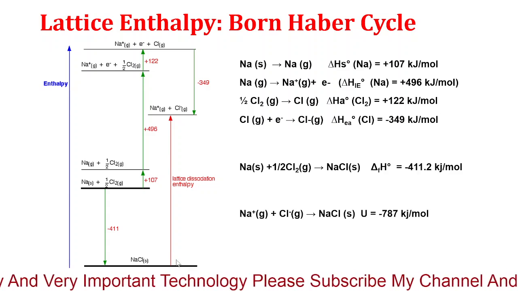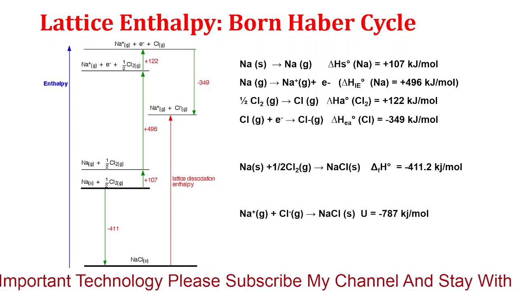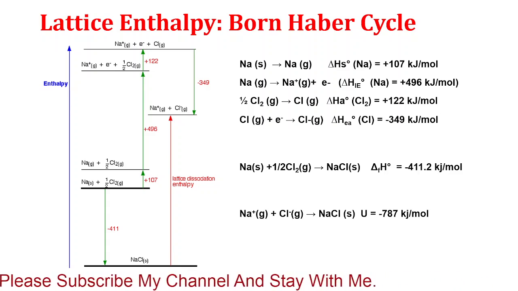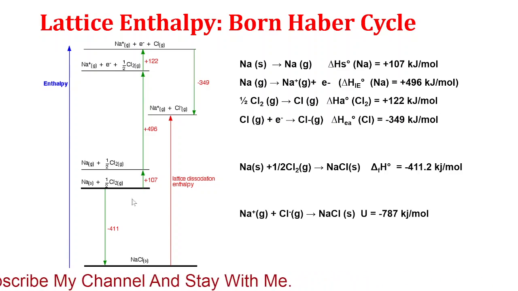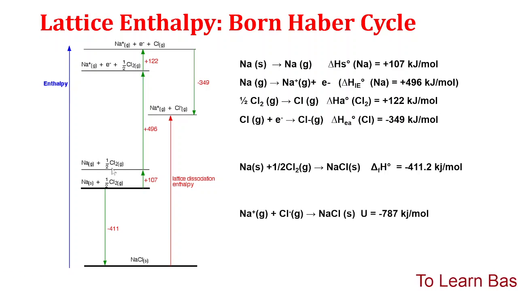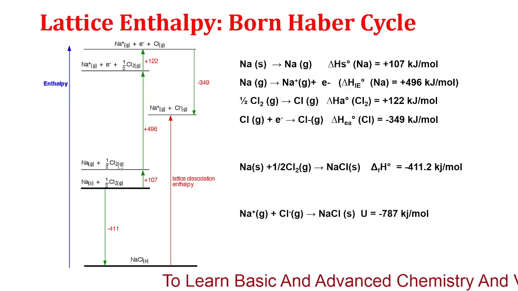Any difficulty? It is exactly the same thing, I have only changed the chlorine. Here it was half a chlorine molecule, but in magnesium chloride we have 2 chlorine, that means one chlorine molecule.